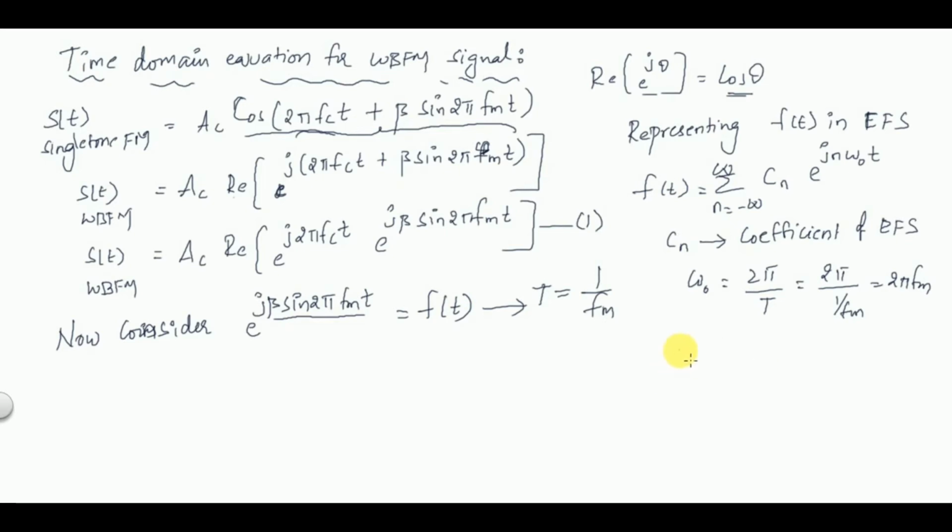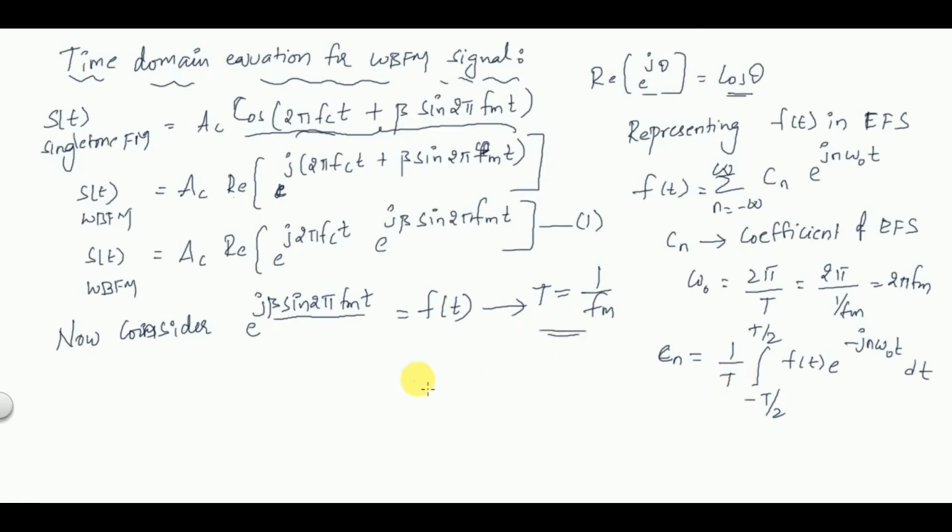Now we have to calculate the Bessel coefficient, the Fourier series coefficient value. Cn is given by the formula 1 by T integral from minus T by 2 to T by 2 of f of t into e power minus j n omega naught t dt. So what is T here?